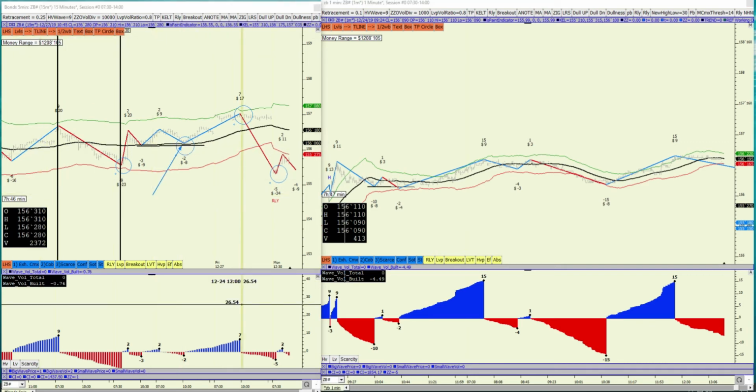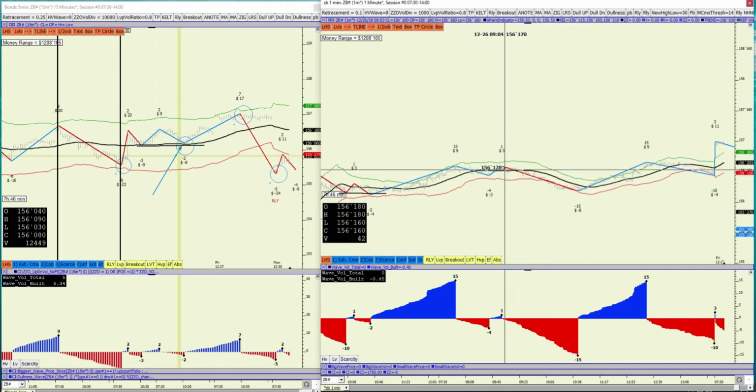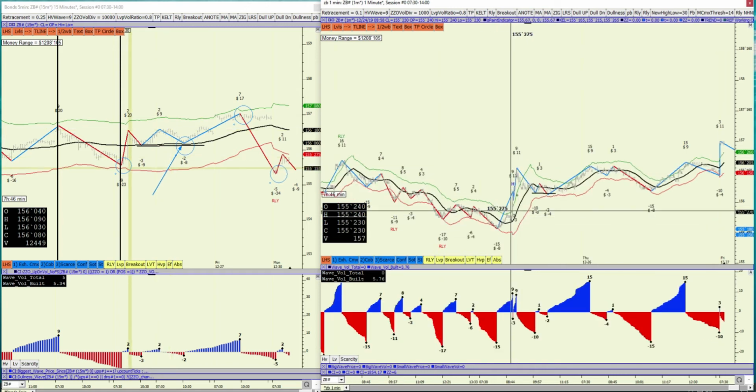It's not clear that it's going to turn. All we can see is that this move on the 1-minute did kind of exhaust, meaning it was a big price and volume move relative to that particular time frame. It exhausted this uptrend.